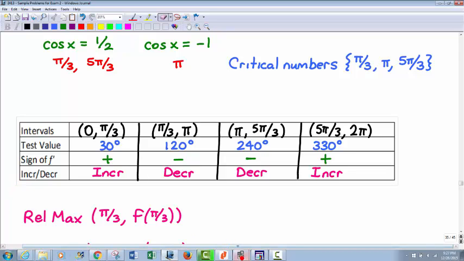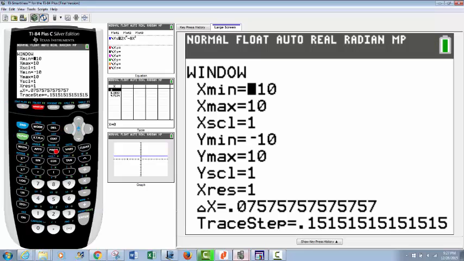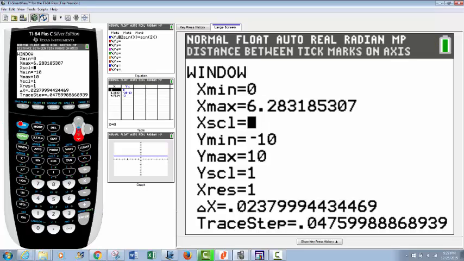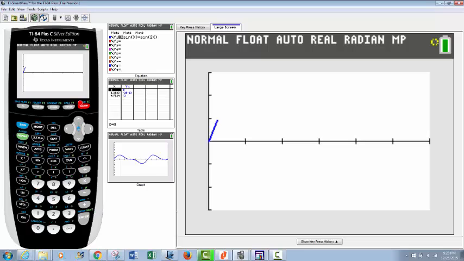So that's how I scale my axis, and we only need 0 to 2 pi. So I go 0, 2 pi, pi over 3. Don't need that much. It's not going to be that extreme between these two values. I'll just go negative 3 to 3. 1's okay for the y's, but I almost got a 3, didn't it?